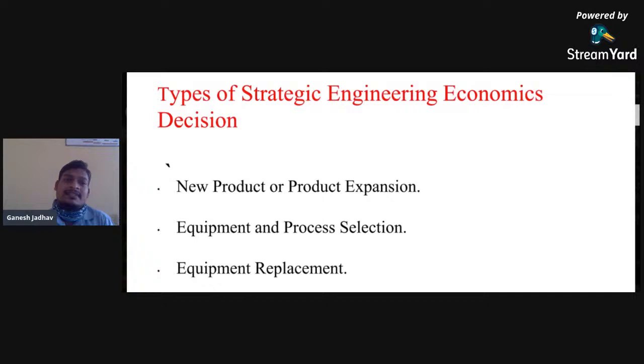Day to day, the client requirements are new. So we require a new product, or product expansion, or the inclusion of a number of new services. So we can say this is adaptation in product also. Okay, so this is a type of strategic decision.